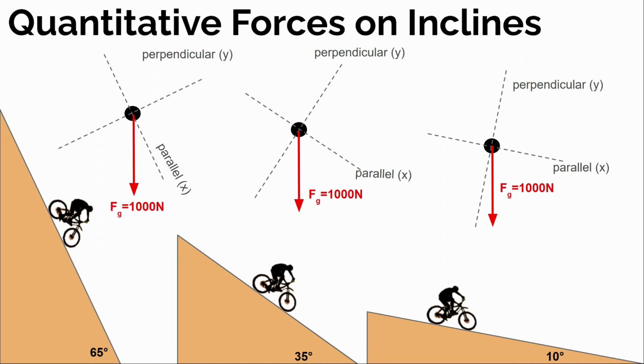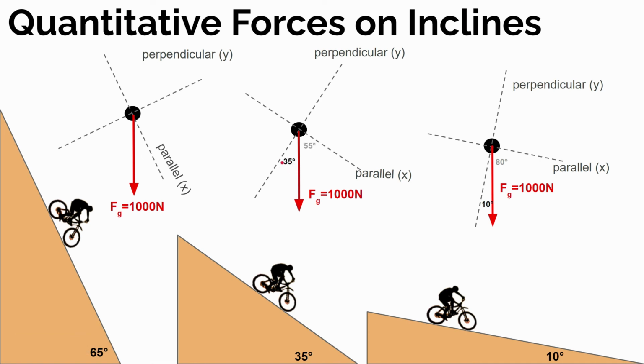Before you draw your right triangles to see what they look like, we need to figure out where the angle of the ramp goes, the 10 degrees, the 35 degrees, and the 65 degrees. Remember, based on our previous conversation, the angle that the ramp makes with the horizontal, usually the angle that's given, that's the angle between the force of gravity and the y direction.